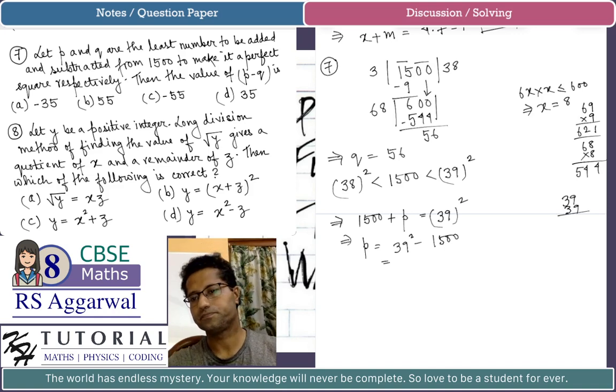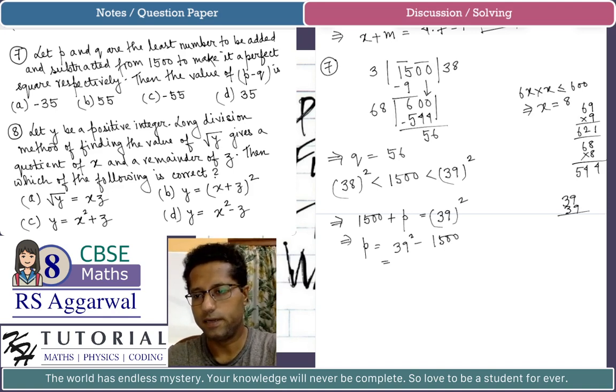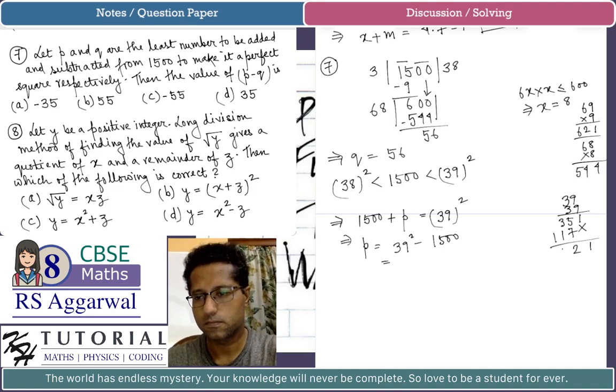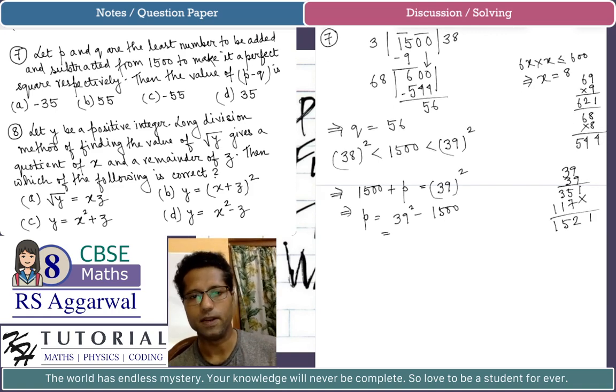Now, 39 squared is 1521. You must be very prompt in finding the square of two-digit numbers using any method.